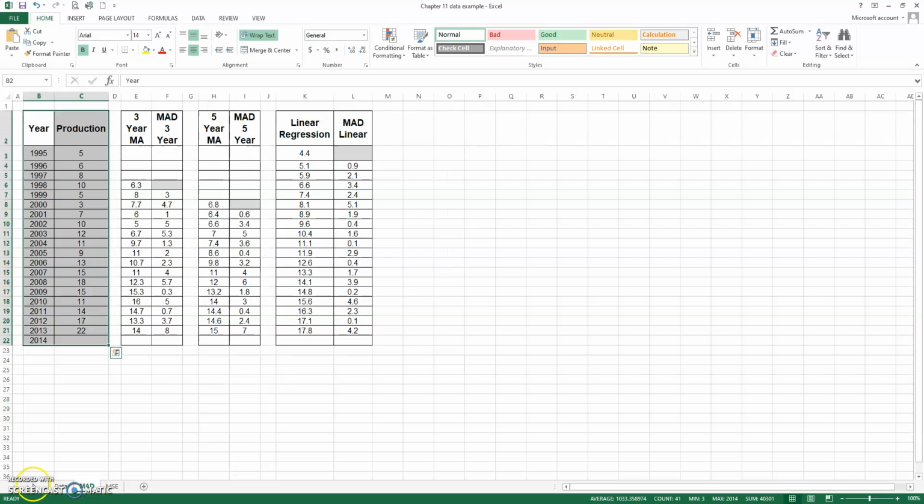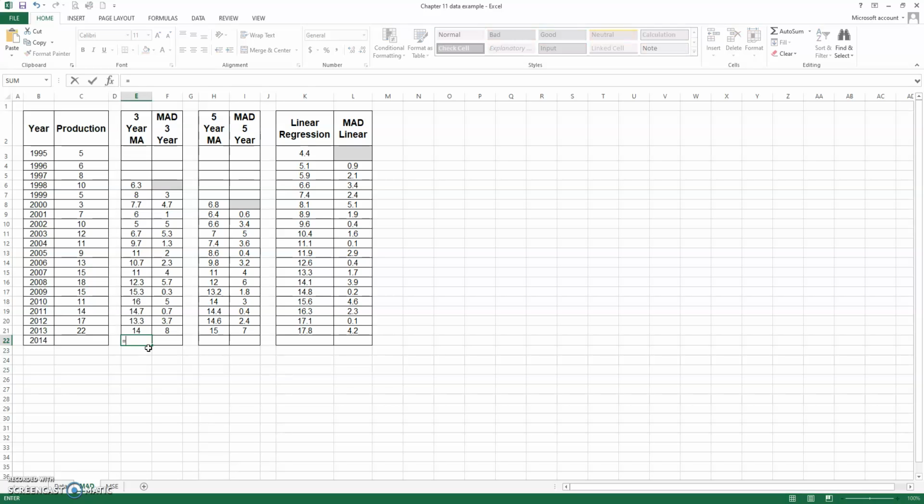What we'll do here is develop, using the MAD sheet, though it doesn't matter what sheet we're on, a forecast for a 3-year moving average. This is basically done by calculating the average of the last 3 time periods, and that is what our forecast would be based on that model.